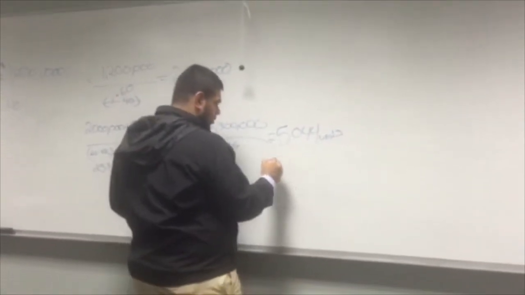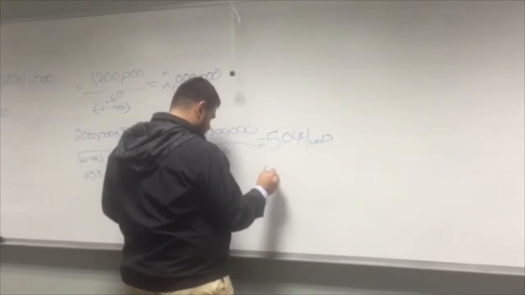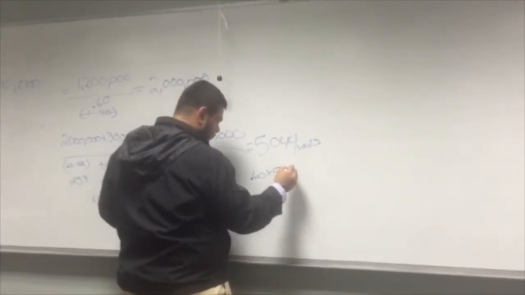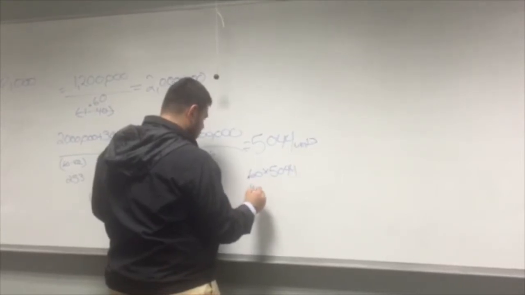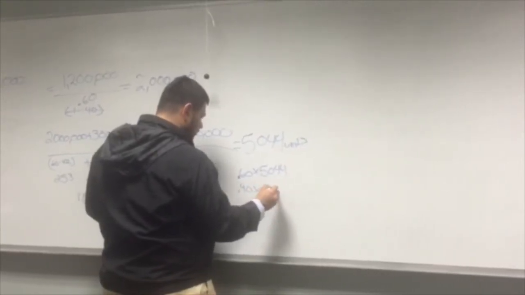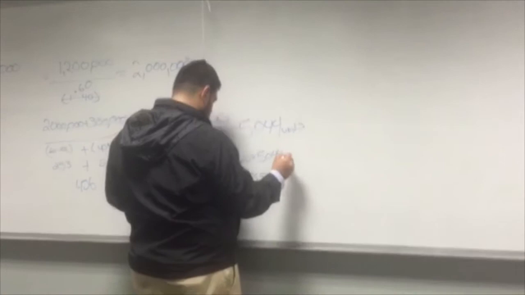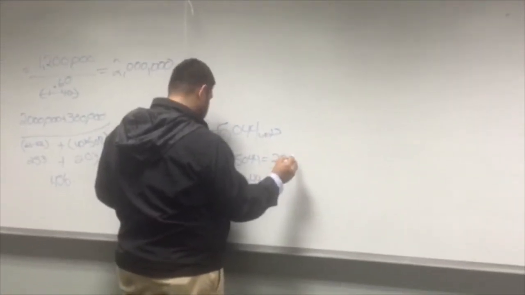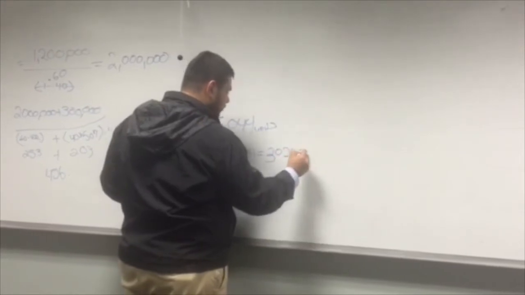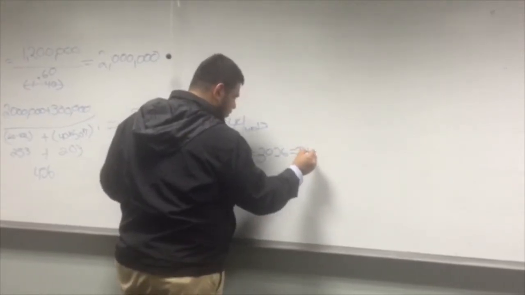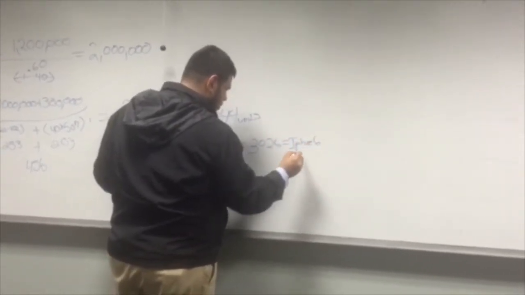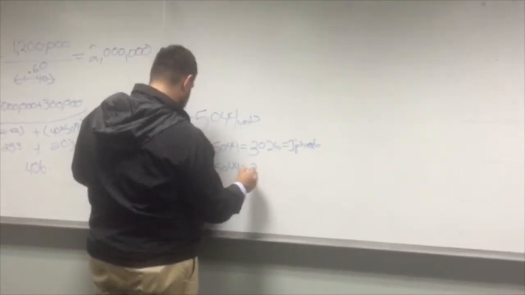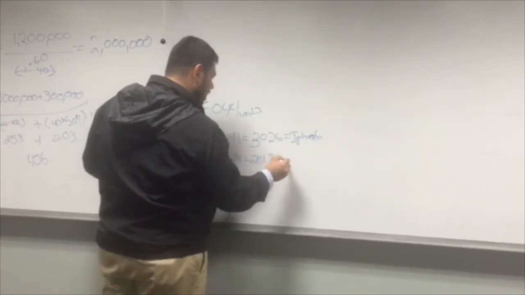Now we're going to go ahead and multiply 0.60 times the 5,044 and 0.40 times 5,044, and we will get 3,026 for the iPhone 6. And 2018 for the iPhone 6 Plus.